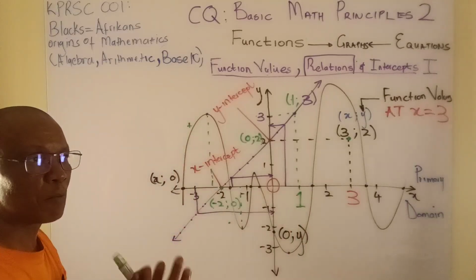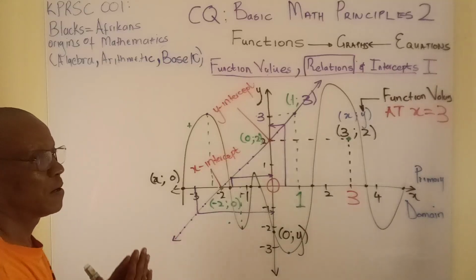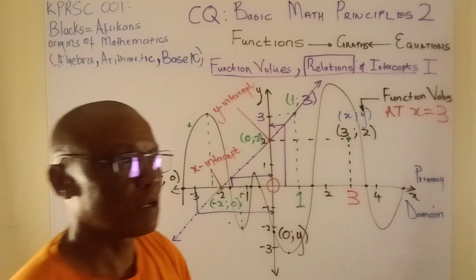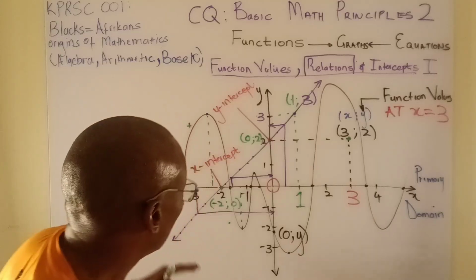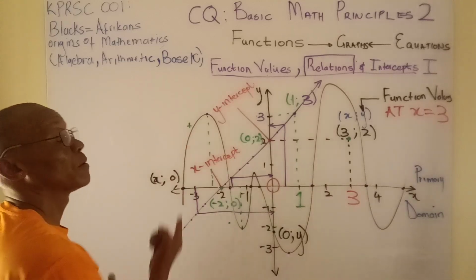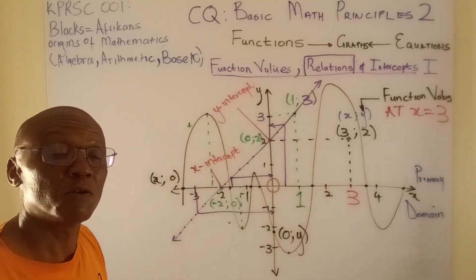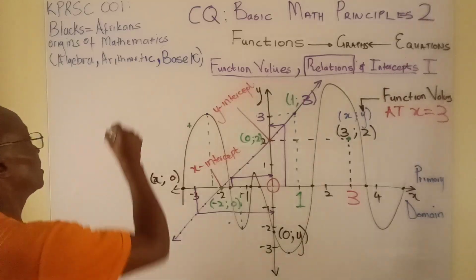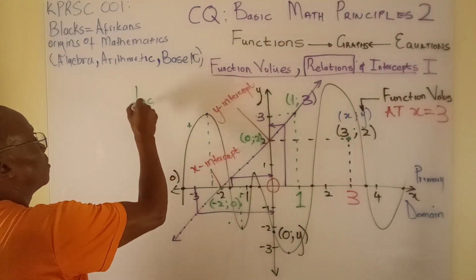So you can talk about a graph. You can tell me what the function values are. When I say increasing, I mean the values of y are going up. The function value. Increasing and decreasing.